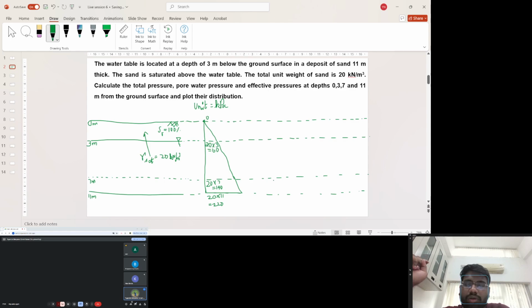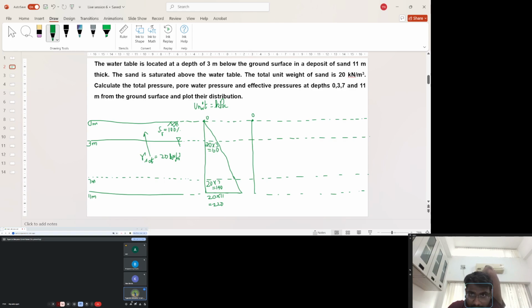Now coming to pore water pressures. Pore water pressure at point 0 is 0, and it remains so here even though the layer is saturated, since the water here will be at atmospheric pressure. There is no mention of any capillary rise.